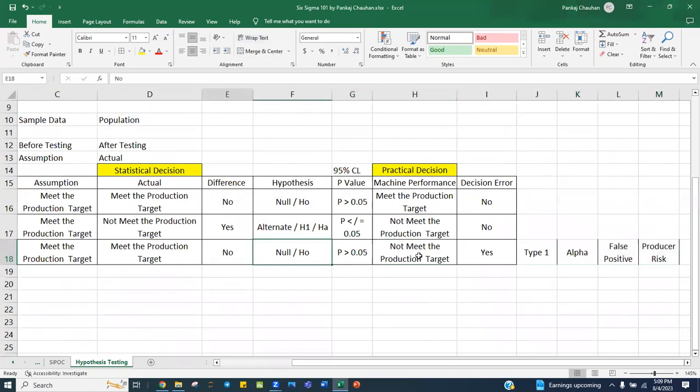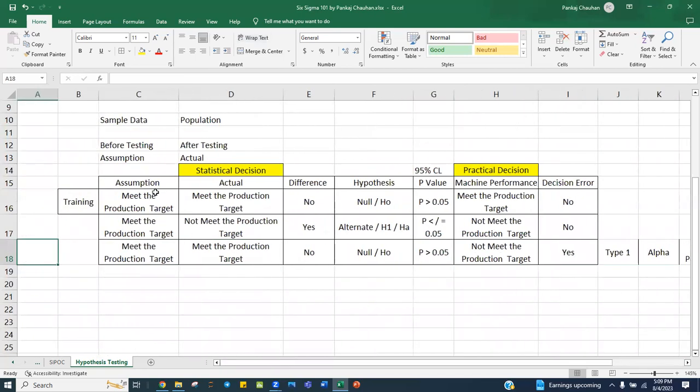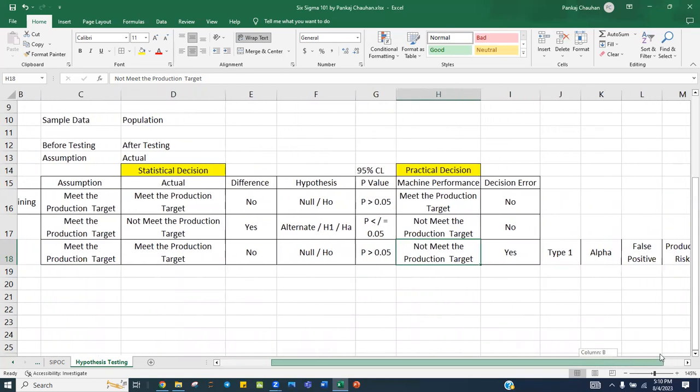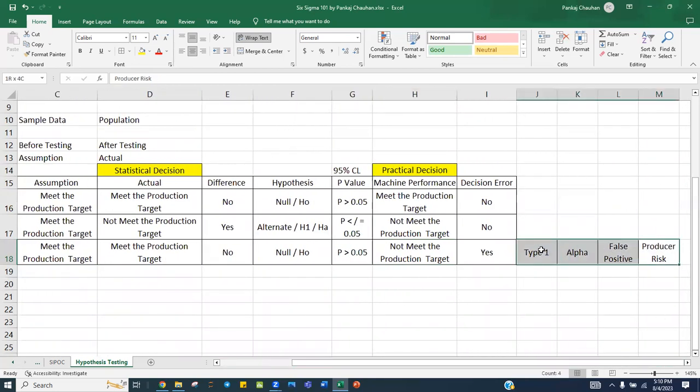So when we create a type 1 error, your statistics is proving that you are meeting the assumption, but you are taking the opposite decision practically, then the type 1 error, alpha error, false positive or producer risk will come in.